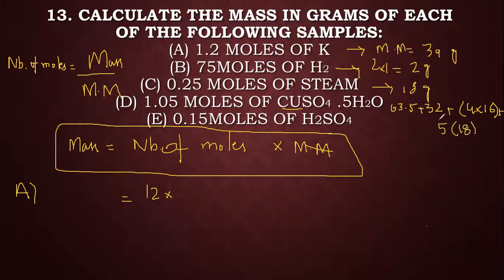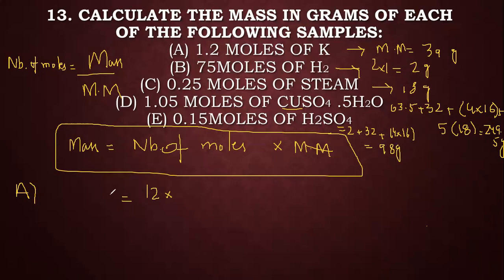So the total value must be equal to 249.5 grams. Okay. Now in case of H2SO4, it is 2 for hydrogen, plus 32, then 16 multiplied by 4, so the whole value must be equal to 98 grams.